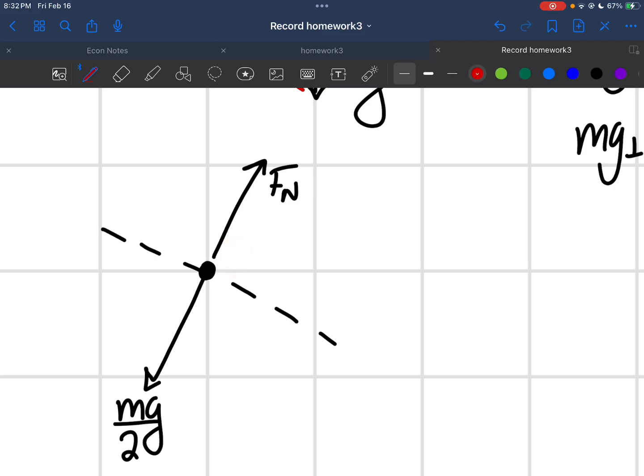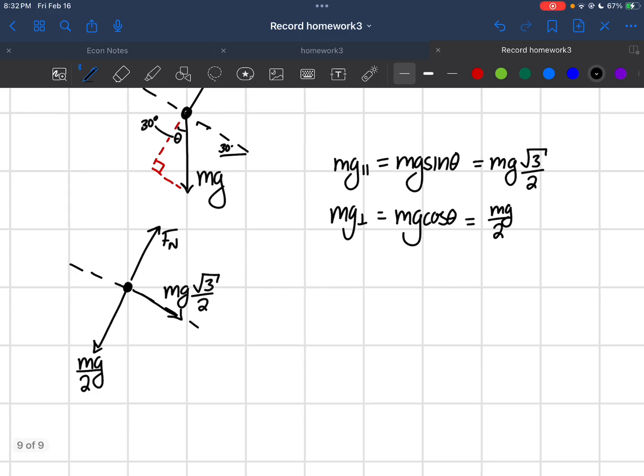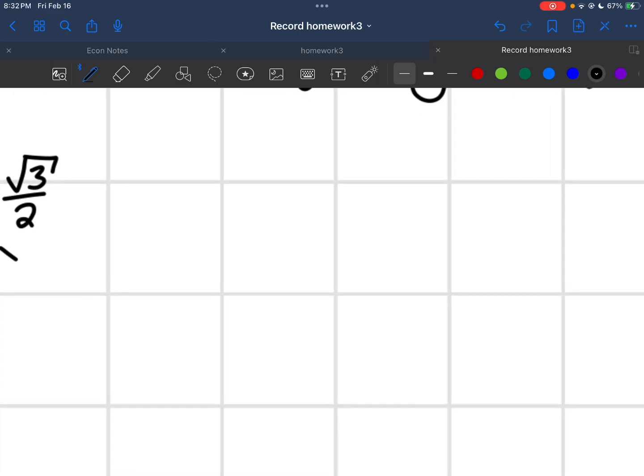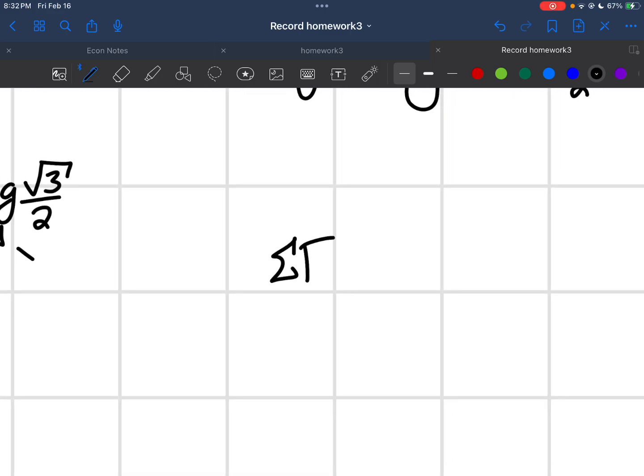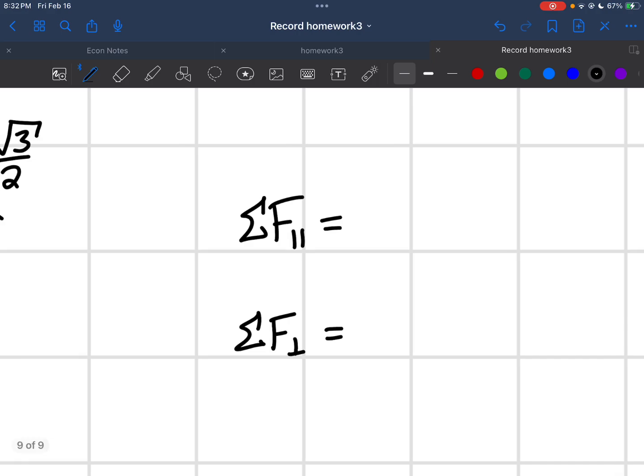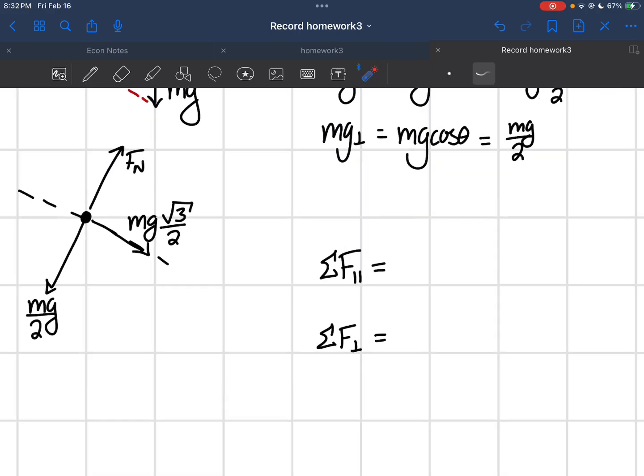And I also have my mg parallel, which was mg root 3 over 2. Right. So now when I'm setting up my Newton's second law, instead of saying x and y, I can think about parallel and perpendicular, because again, we're just considering the components of the forces parallel and perpendicular to the surface.